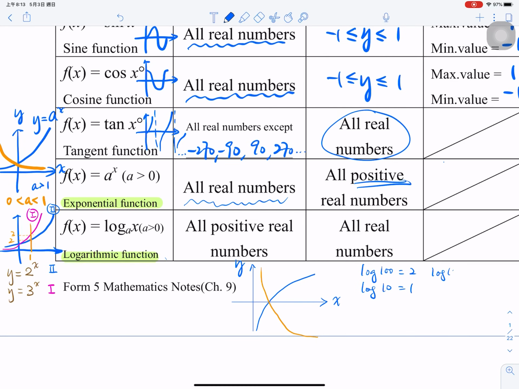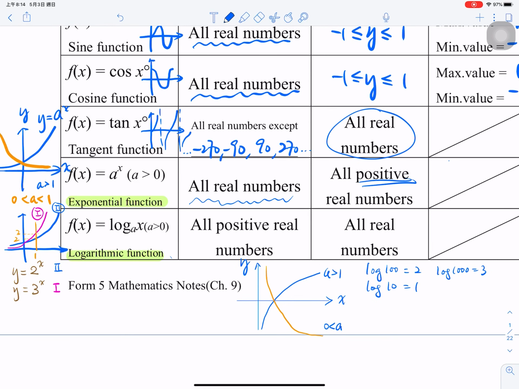Log 1000 equals 3. That means when x increases, 10 is 1, 100 is 2, 1000 is 3, so you can see that this one has a greater than 1, base 10. For the other one, a is in between 0 and 1, right?